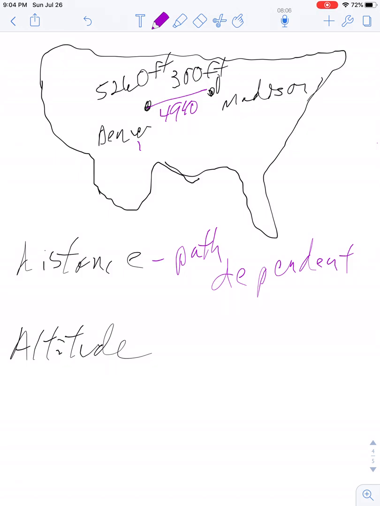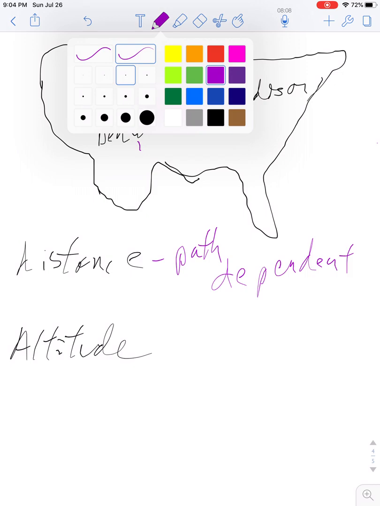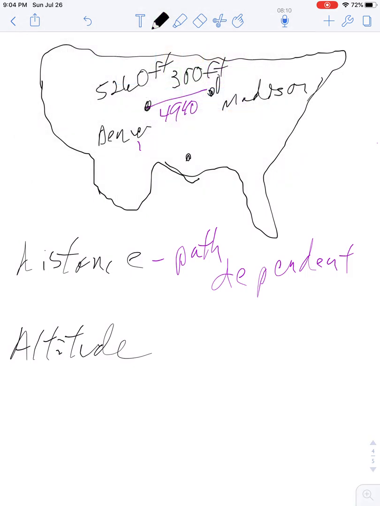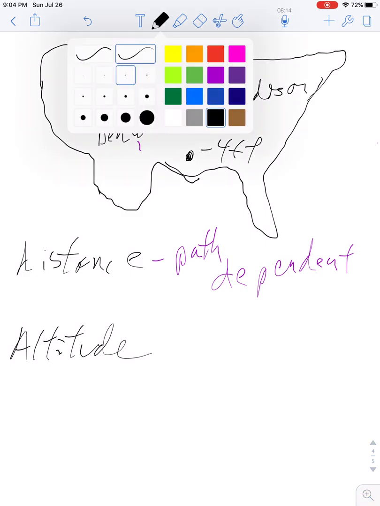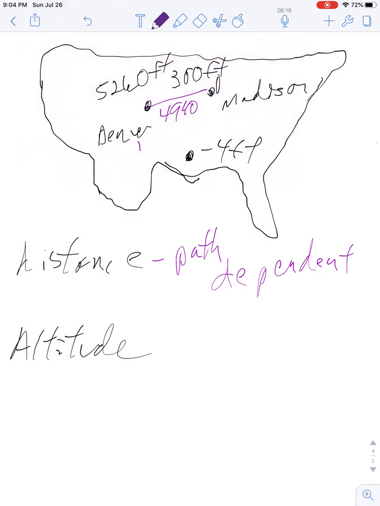Okay, that's my change in altitude. Well, what if I drive down to New Orleans first? New Orleans is actually below sea level. It's minus 4 feet. So if I drive down to New Orleans and then up to Denver, what is my change in altitude? Well, guess what? It doesn't matter, because where do I end up?